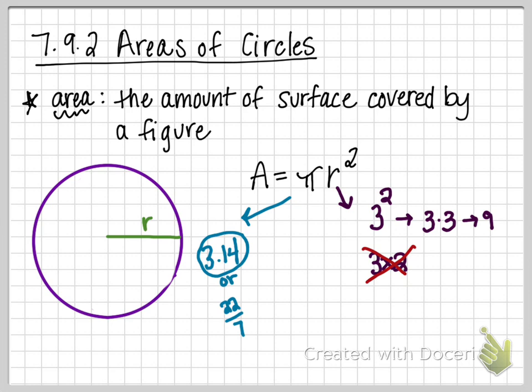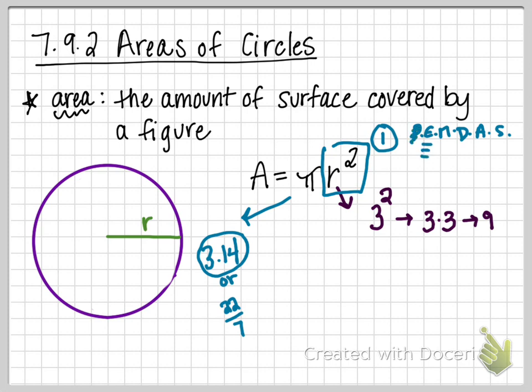The other thing that we need to remember is order of operations. So when we're doing area of a circle, we always square the radius first. This is always step 1. Square your radius, because order of operations, right? Parentheses, exponents, multiplication, division, addition, and subtraction. There are no parentheses.